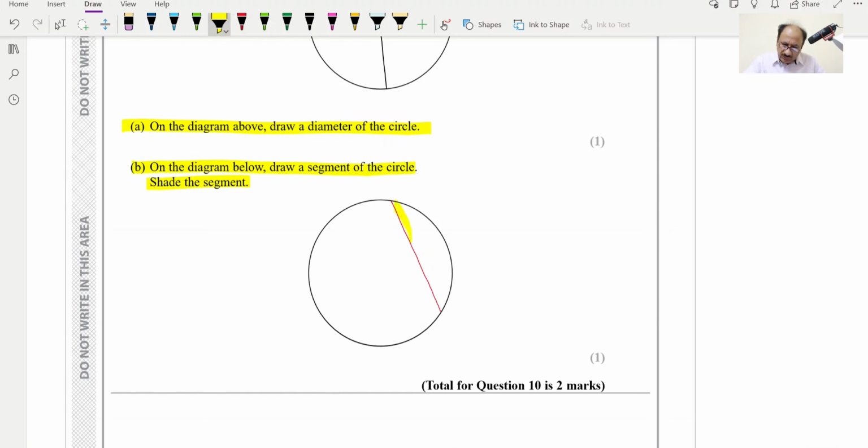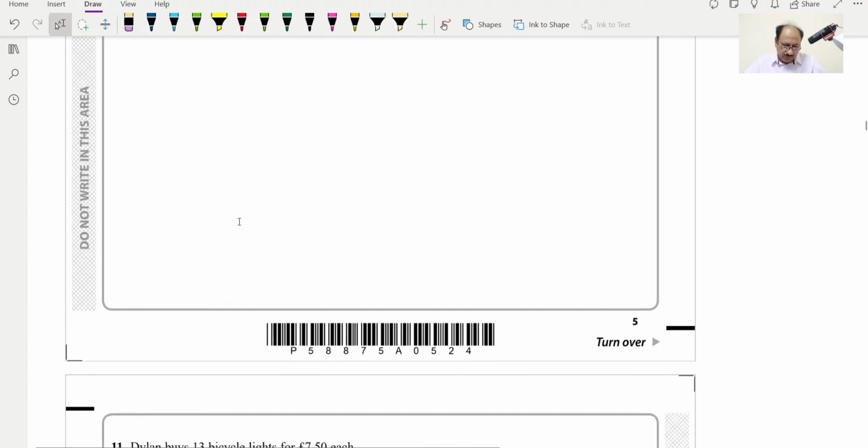So we can shade the segment like this one. So this is the segment. Basically the diameter is also splitting the circle into two segments. So this is the segment which we have done, and this was also one more question.